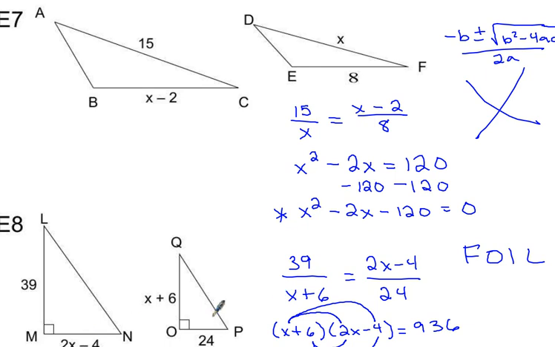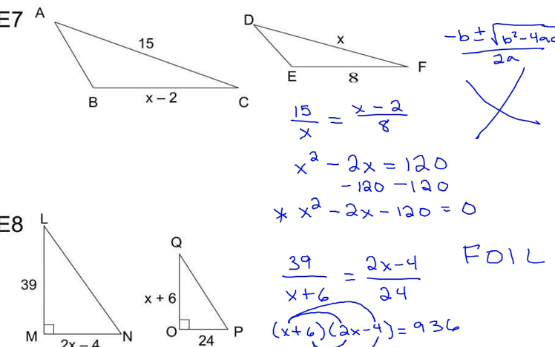So that's going to give me 2x squared. Guys, what's the 8x? The bigger number is positive, so you put the 8 with a plus in front of it. And then the minus 24, that's not going to be a 2. I wrote a 2. Equals 936. And guys, there's one more step before that factoring part.